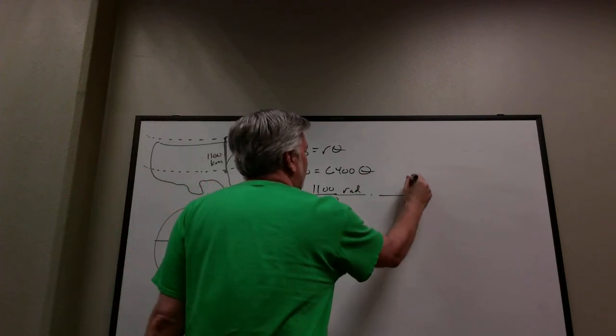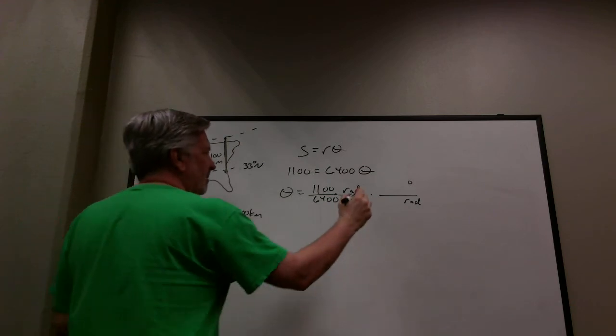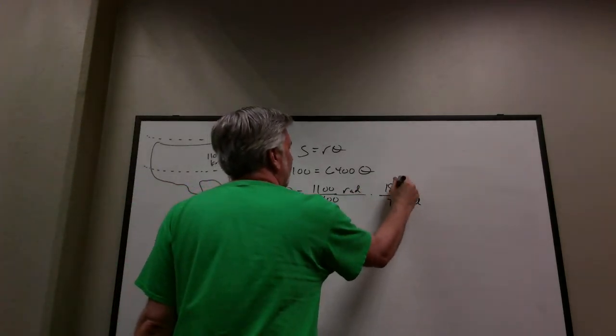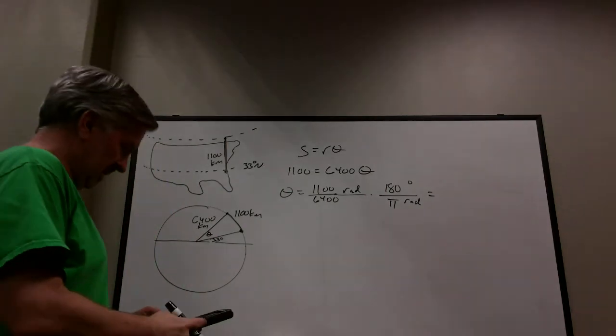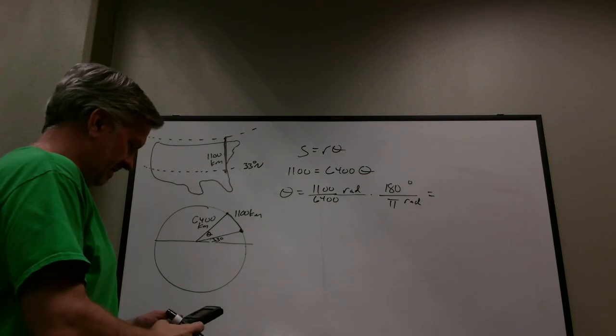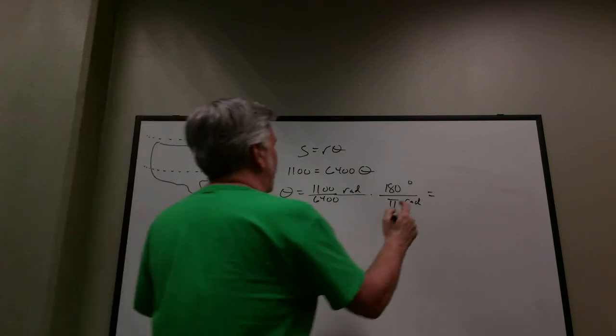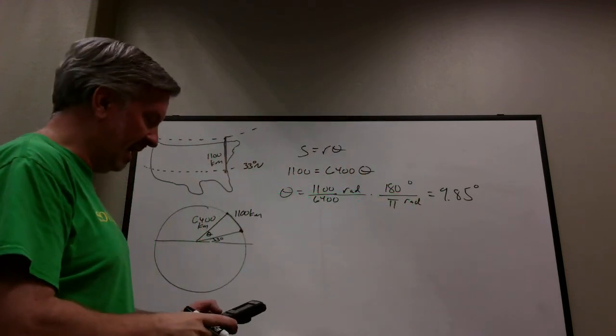Radians in the denominator, degrees in the numerator. Pi radians is 180 degrees. So if we punch that in, again, punch along with me, I got about 9.85 degrees if you round to 2 places. It's 9.8477.